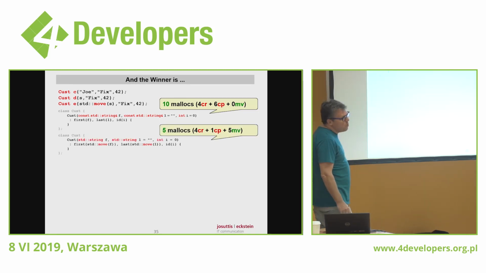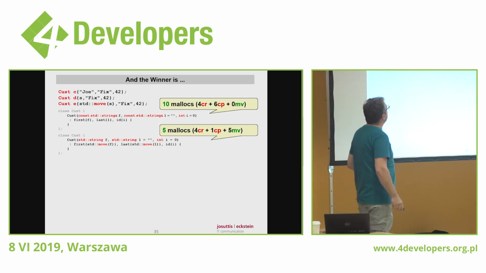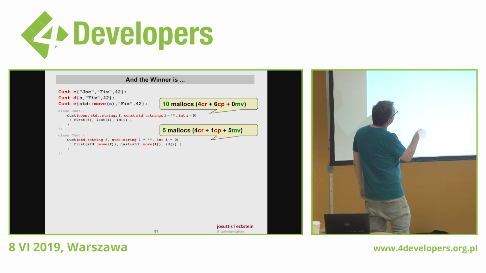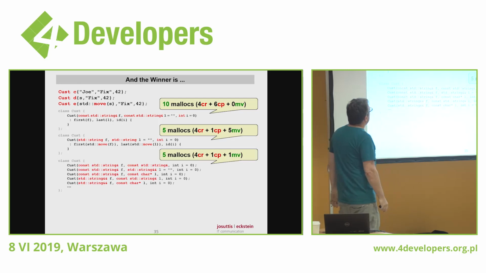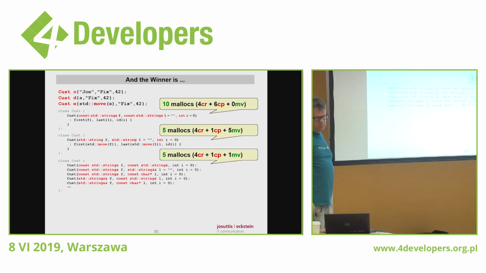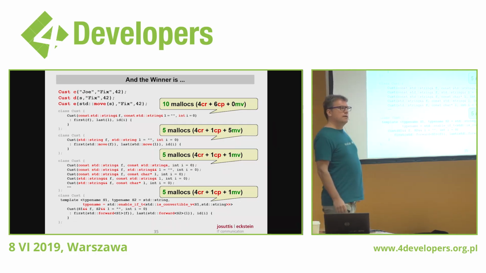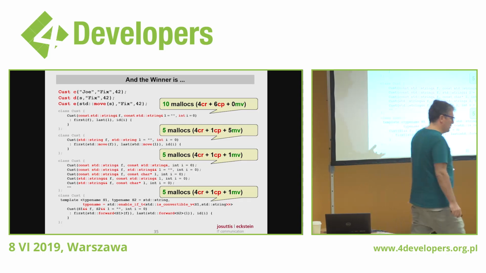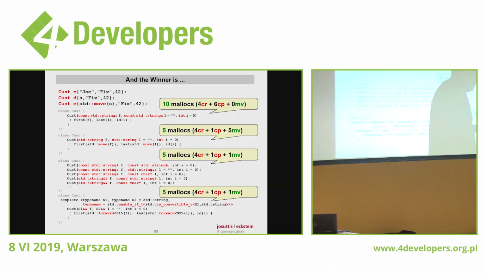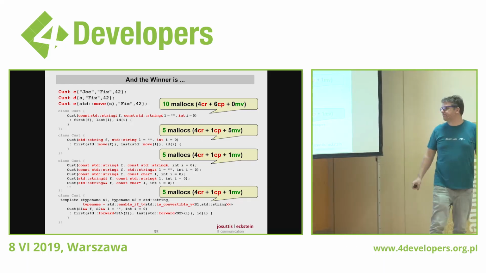Then the new way with Move Semantics, just one overload, an std string, and move it inside. Then overloading all the different versions. And then this interesting new way to say, let's use perfect forwarding, but then we have to deal with the fact that this might be used as a copy constructor.